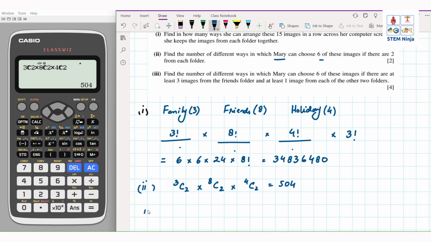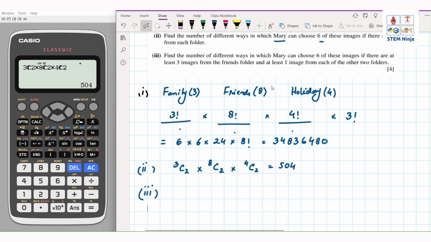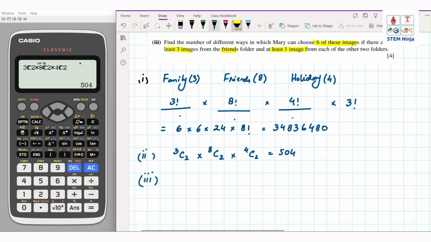Now let's see the third part. Find the number of different ways in which Mary can choose 6 of these images if there are at least 3 images from friends folder and at least 1 image from the other 2 folders. Okay, all right. So basically we have 3 or more for friends. So friends we have total 8.